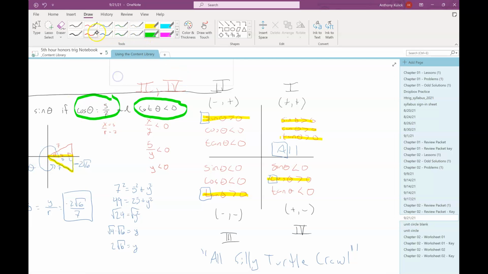Cosine is positive in the first and fourth quadrants. What that tells me is that the angle that I'm building needs to be in the fourth quadrant. So that's where I'm going to draw my triangle. So you can do it that way as well without having to reason through like we did originally. Either way is fine though, you're really doing the same thing.